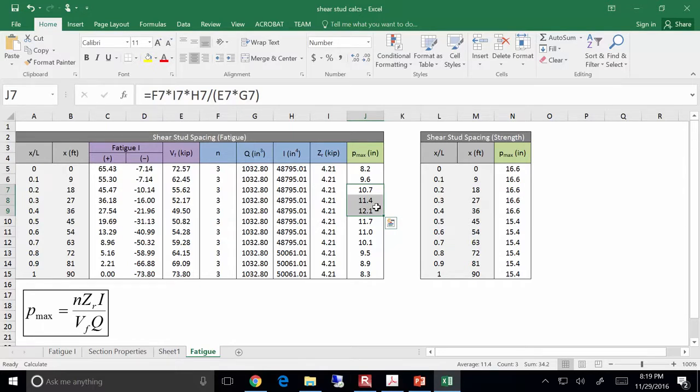There is a delicate balance between saving a couple of studs and just making it more complicated. If you could use the same stud spacing over and over again, you can probably install it much faster. Whereas if you're having to measure out 4 or 5 different increments of stud spacing, that's just going to make your fabricator's head spin, right?